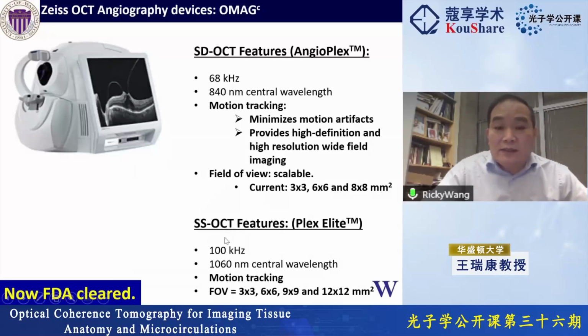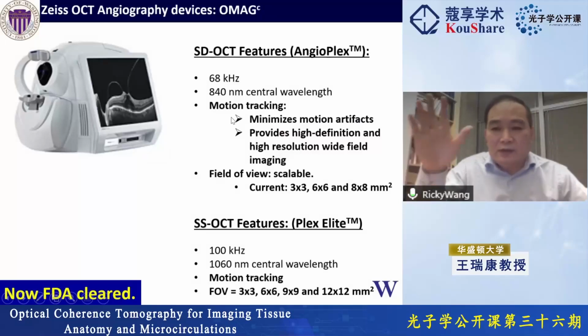The only difference between the spectral domain and the swept source OCT system is the wavelength you are using. In the spectral domain system, the wavelength is 840 nanometers, and the swept source OCT system wavelength is at 1060 nanometers.